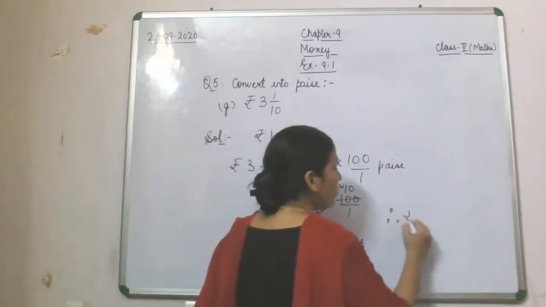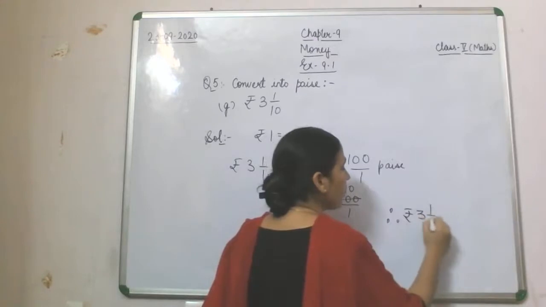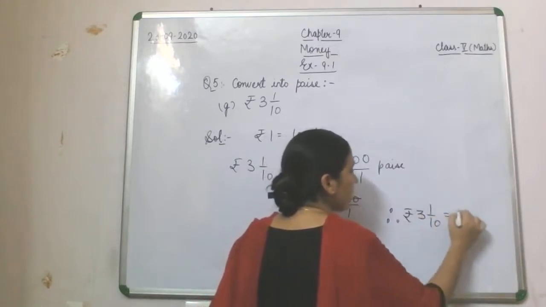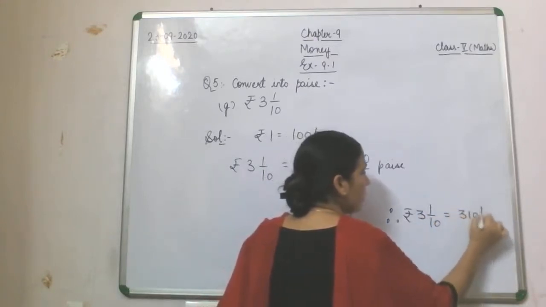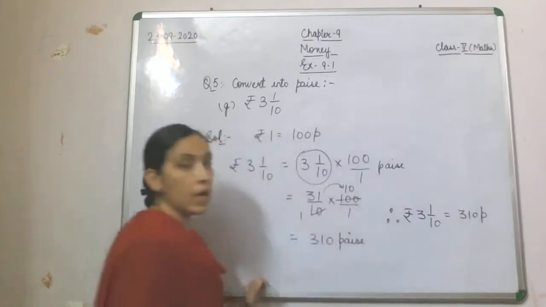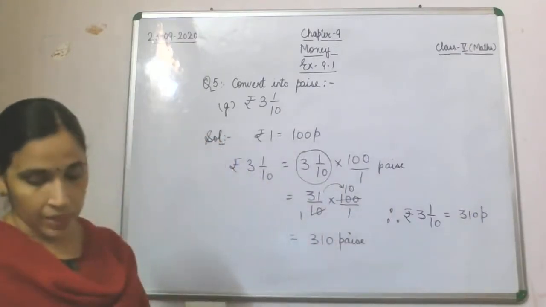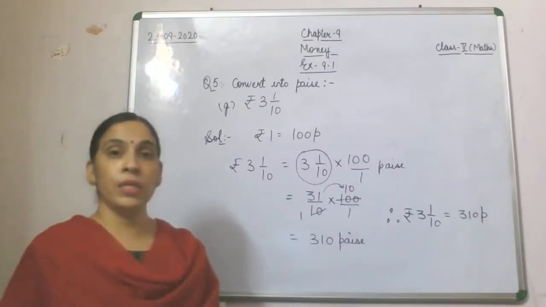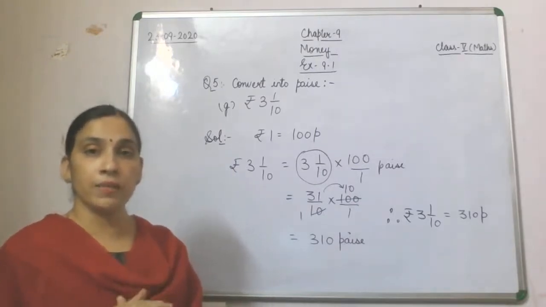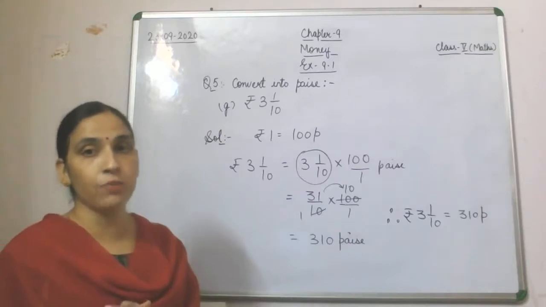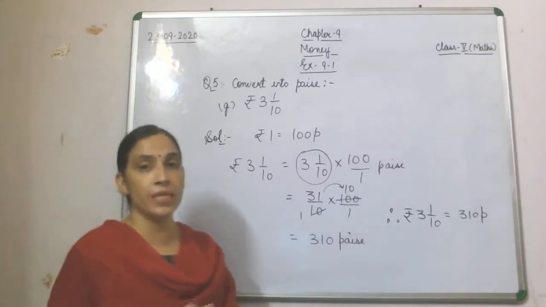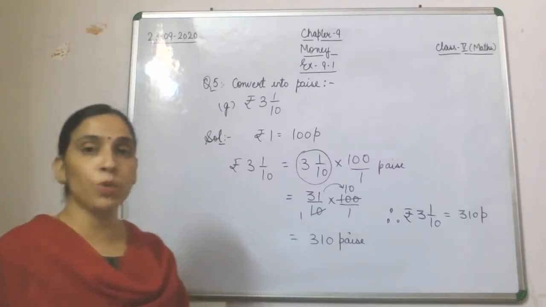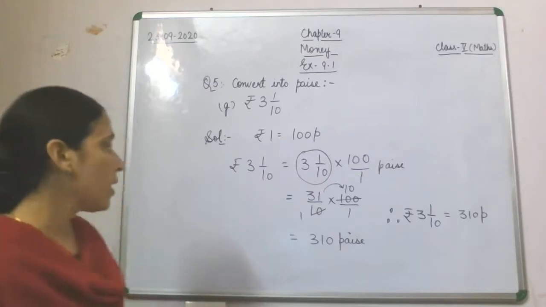Therefore, rupee 3 1 by 10 can be written as 310 paisa. So I hope if the question is given in fraction form, then also you can do it easily. There is no problem in the question.